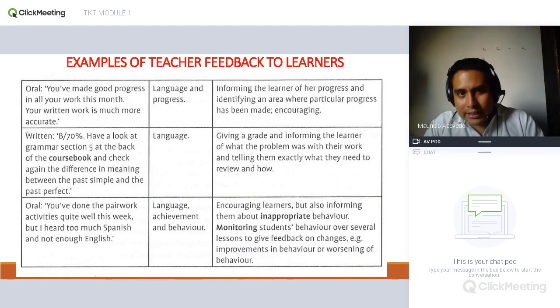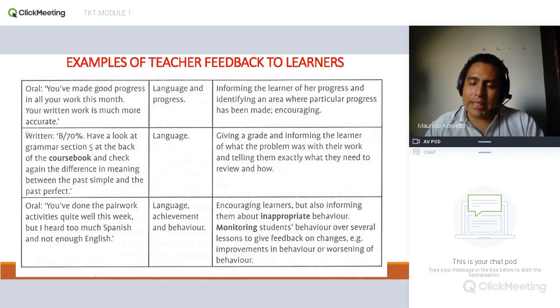And another and final kind of feedback, remember these are just examples, okay? You've done the pair work activities quite well this week, but I heard too much Spanish and not enough English. So in this case, it has to do with language, obviously, because he did well, but it is achievement and behavior.